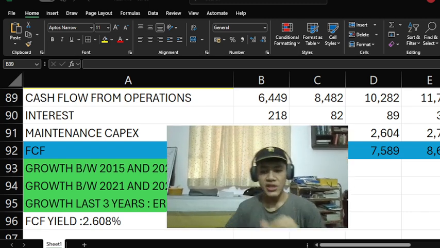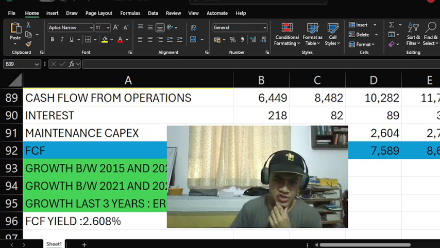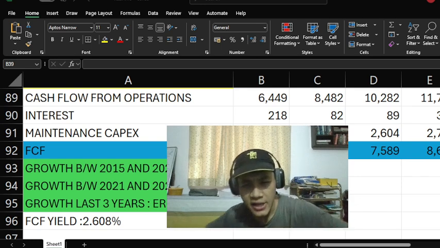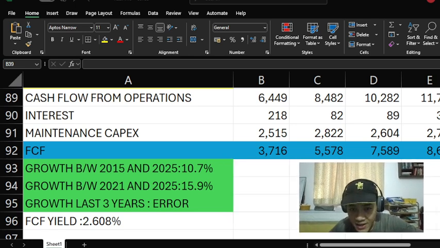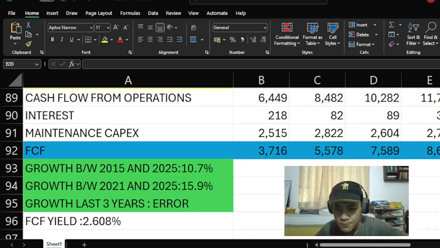So 2.6% yield, bit worse than Reliance and Bharti Airtel. I think even worse than Sun Pharmaceuticals. Last growth, not the worst. Double-digit growths, pretty good actually. Yield is not the best.